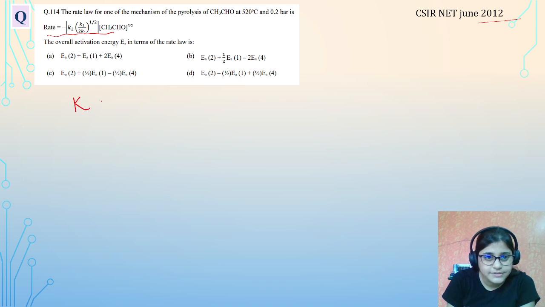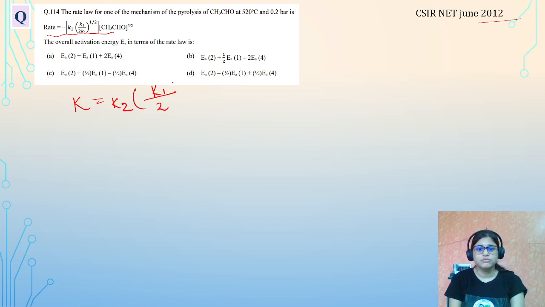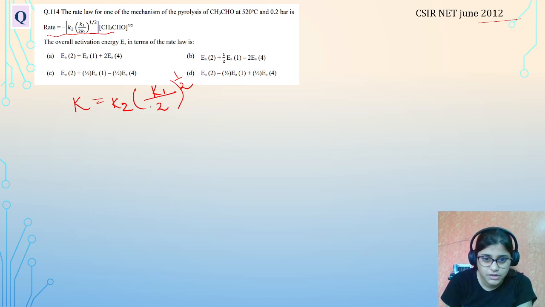So K is here, K2, K1, wrong, it is given right. One will be K2. Okay. Let's see what will happen. We will match with these answers.